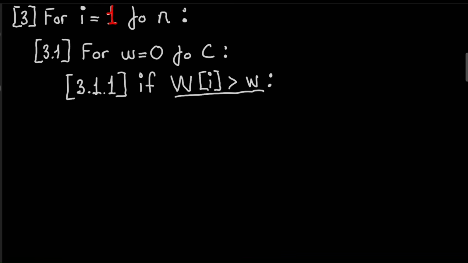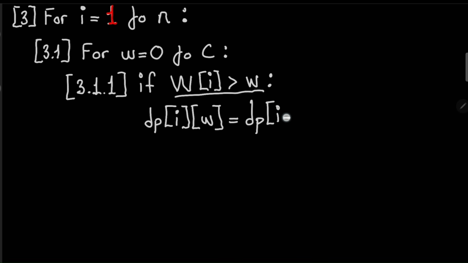So that means the best profit is the same as if this item didn't exist actually. So the ith row and the column W will be equal to the previous row in the same column. Exactly.